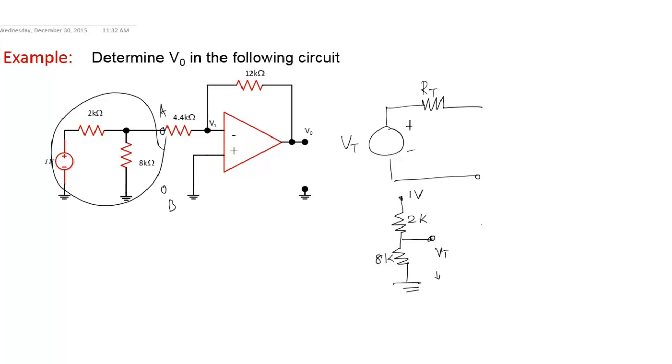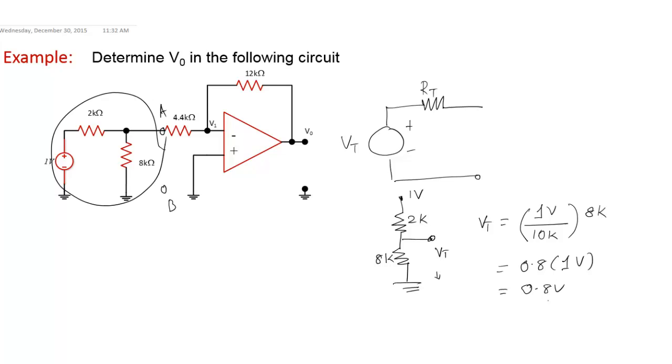So to calculate this V sub t, the input voltage is 1 volt divided by the total resistance, 2k plus 8k, which is 10k. That gives you the current that flows through the circuit, and then we multiply this by 8k in order to calculate this V sub t. Upon simplification, this is nothing but 0.8 times 1 volt, or 0.8 volts.